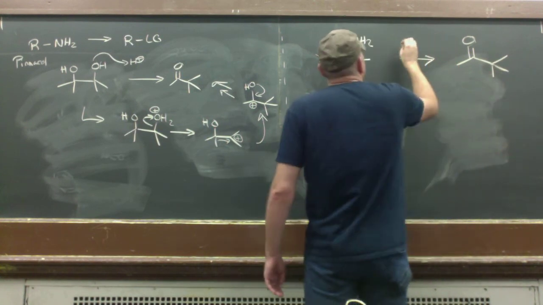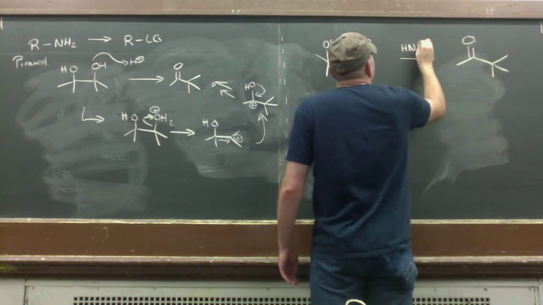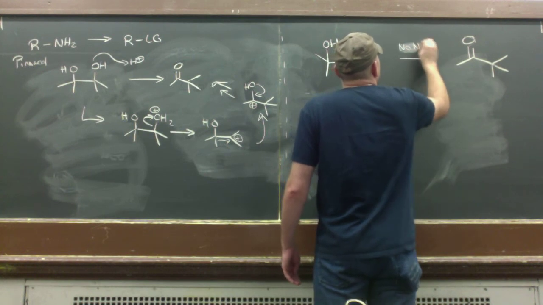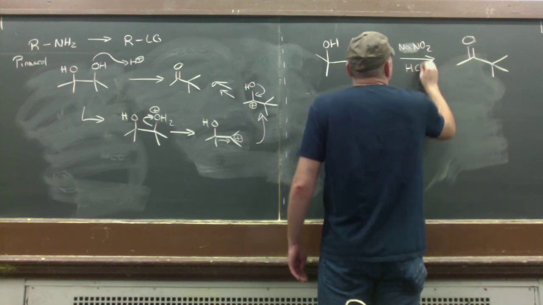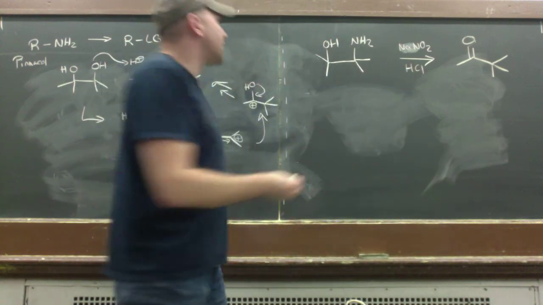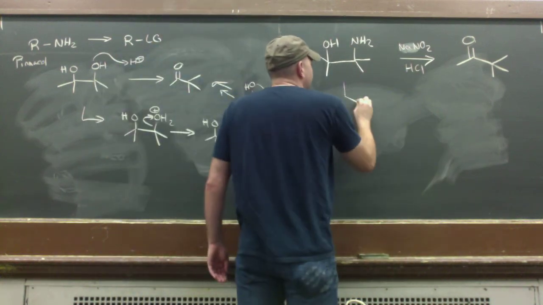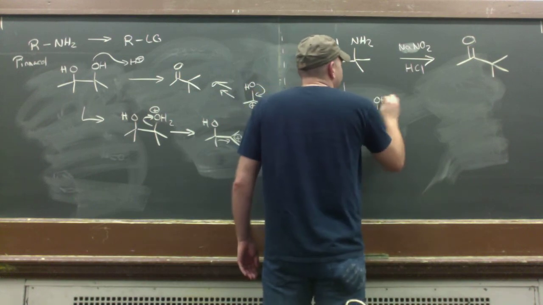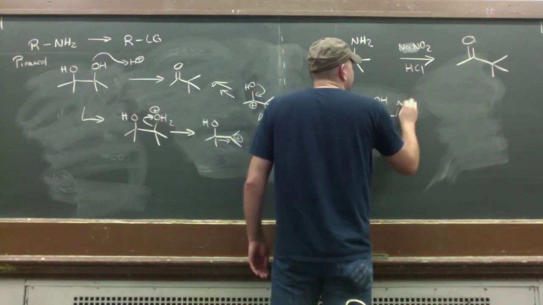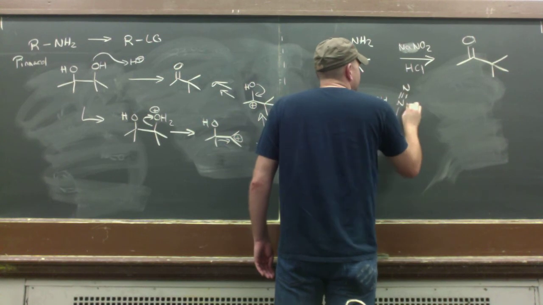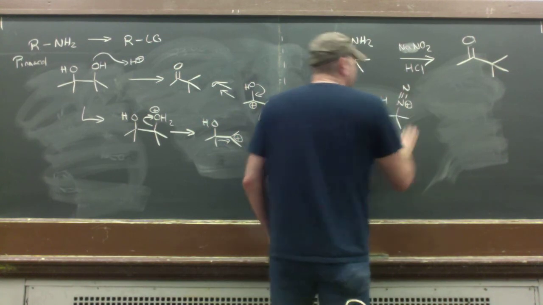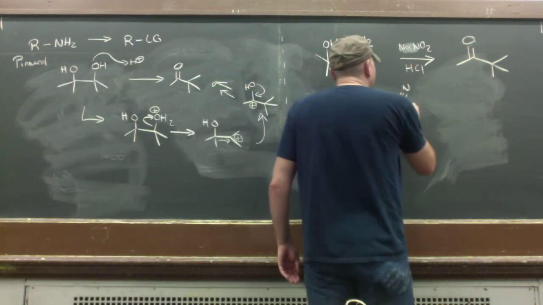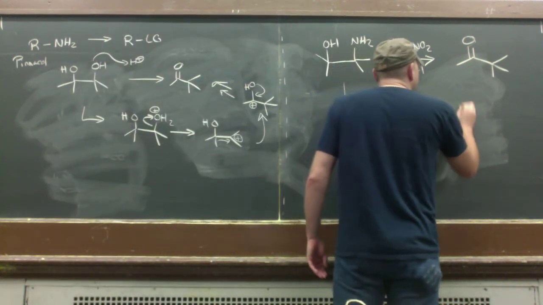You take this compound, you treat it with HCl. And again, we can go through the mechanism of this process, but what's going to happen here is analogous to the pinacol rearrangement. You're going to generate a nitrogen leaving group. So this is just analogous to pinacol. You're going to get that leaving group to take place.